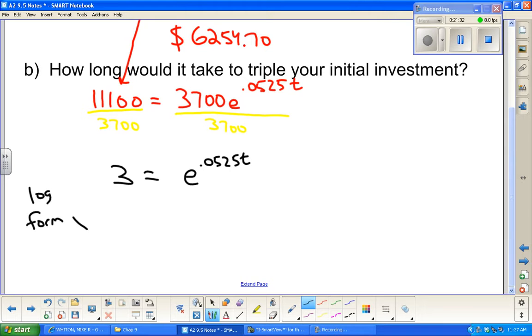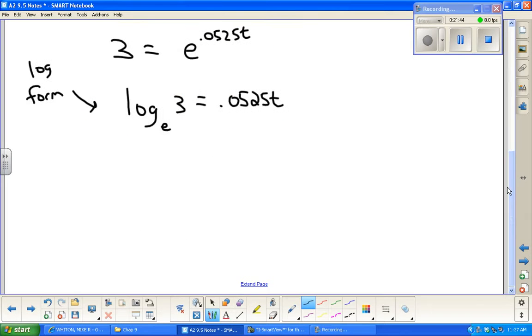In this case the base is e again, and this is new, I guess. The base is e, so log base e of 3 is going to equal the exponent. Here's the new part. We are usually using a number like 10 as the base.